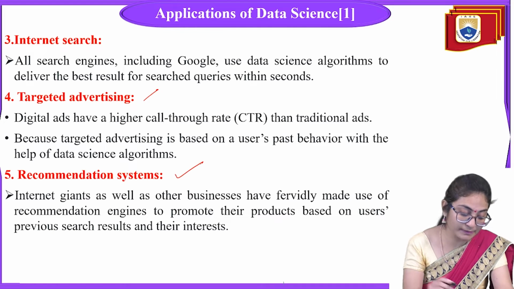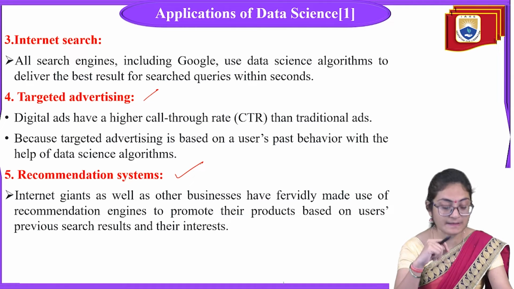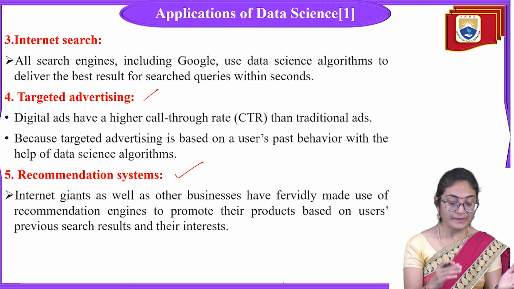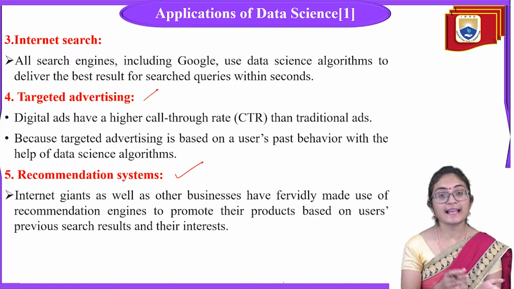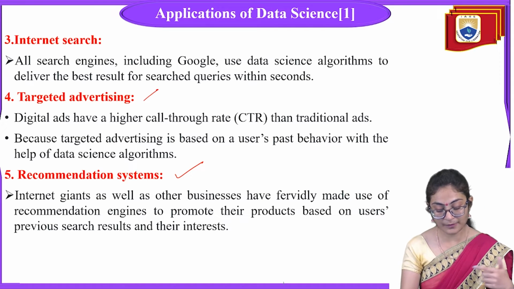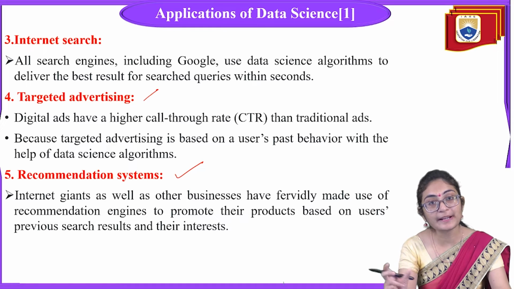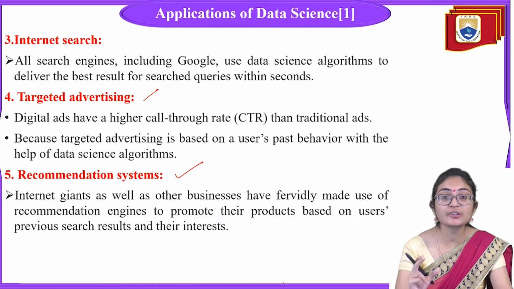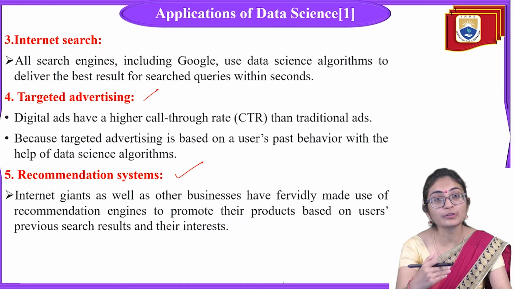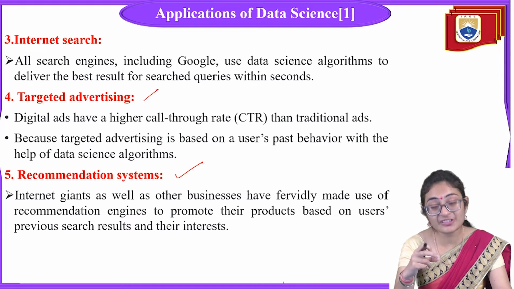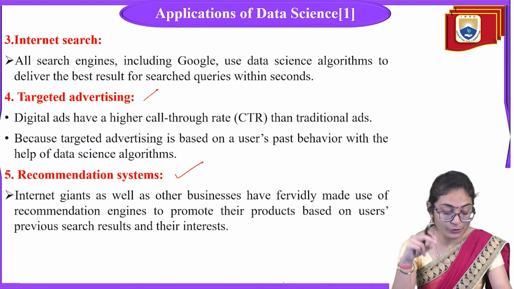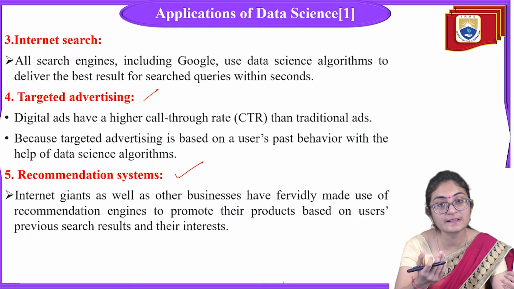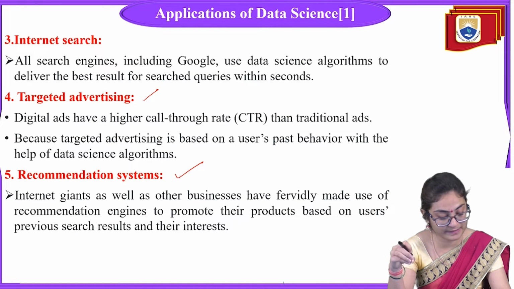Then fifth one is the recommendation system. Generally, internet giants as well as some businesses have made use of recommendation engines for promoting their products, which is totally based on users' previous search results and their interest.